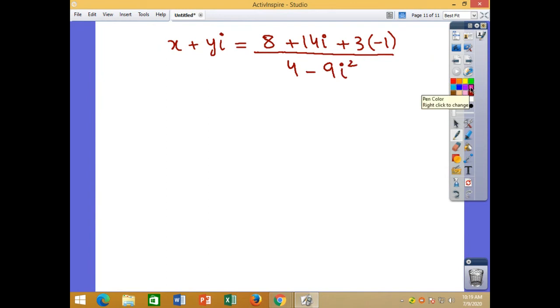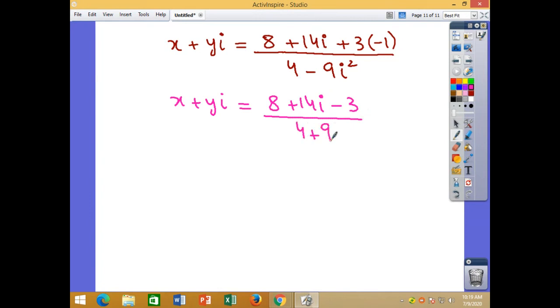Now in the next step we see x + y iota is equal to 8 + 14 iota − 3 over the denominator. In the denominator, instead of writing iota square as minus 1, we directly write positive 9, because when we multiply minus 1 with negative 9, we get positive 9.